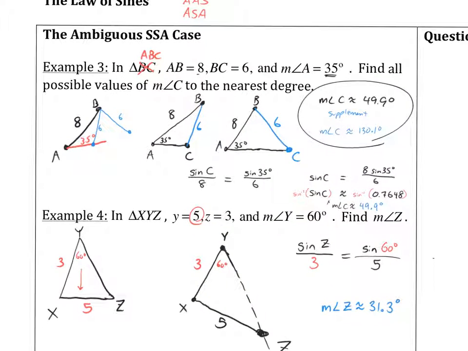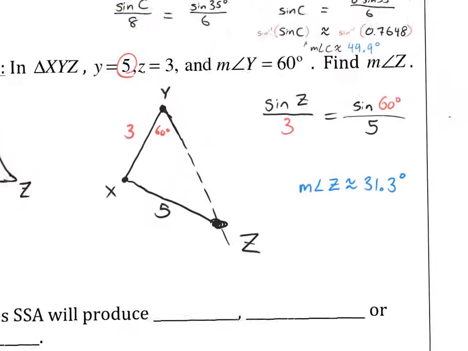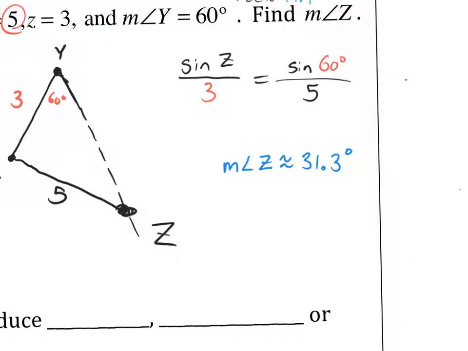And of course, remember in the ambiguous situation, I needed to supplement to see if it makes sense, right? So I'm going to supplement this to see what I get. When you supplement this, you end up getting approximately 148. Now here's why this one won't work, logically speaking. Remember that the triangle sum theorem says all three angles need to sum to 180?